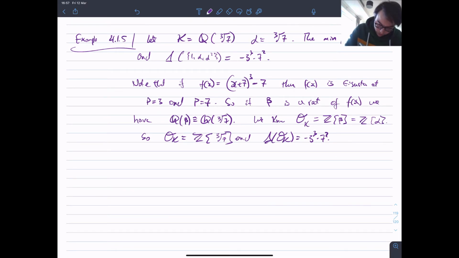Similarly, what do we need for the Minkowski bound? r1 in this case is going to be 1. There's one real embedding and a pair of complex conjugate embeddings.